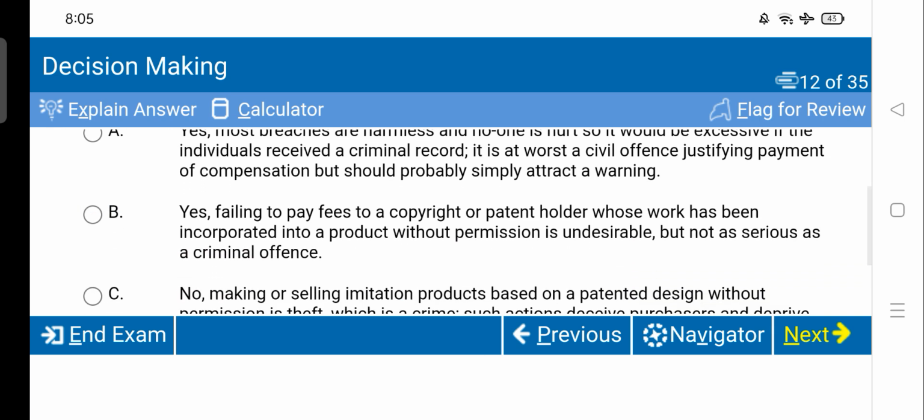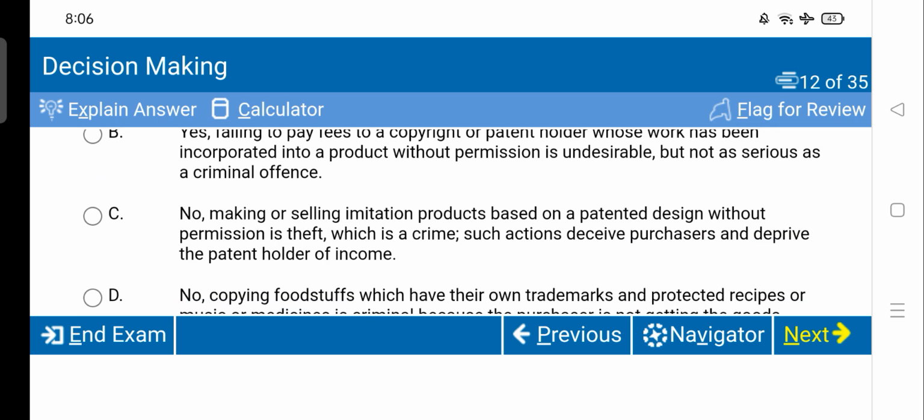Option B, yes, failing to pay fees to a copyright or patent holder whose work has been incorporated into a product without permission is undesirable, but not as serious as a criminal offense.